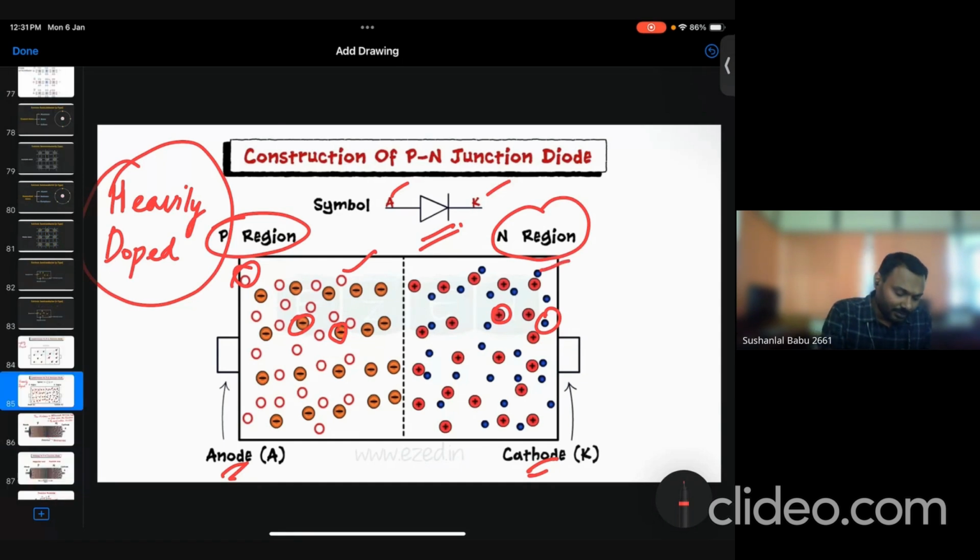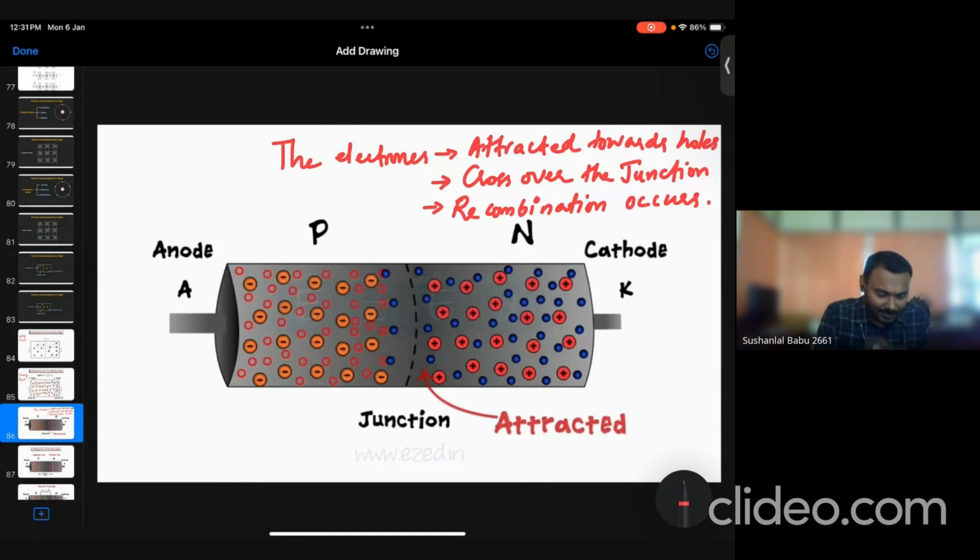Now, same thing, different picture. There is a junction here.